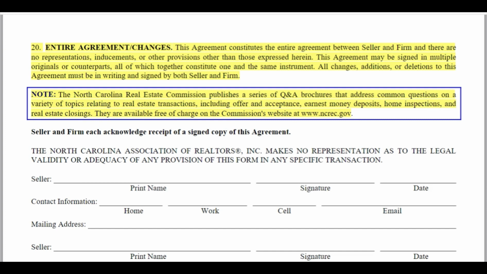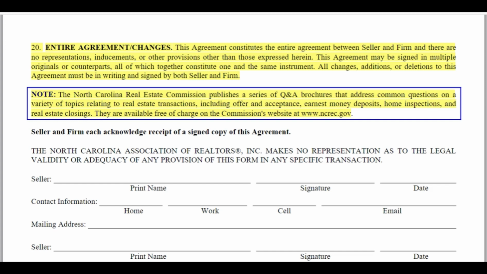And here to note, the North Carolina Real Estate Commission publishes a series of question and answer brochures that address common questions on a variety of topics relating to real estate transactions, including offers and acceptance, earnest money deposits, home inspections, and real estate closings. They are available free of charge on the Commission website at www.ncrec.gov.